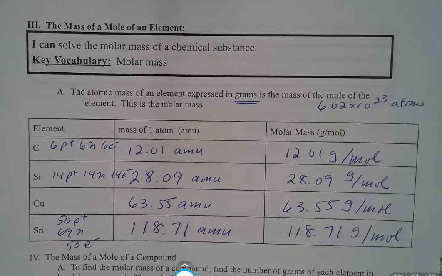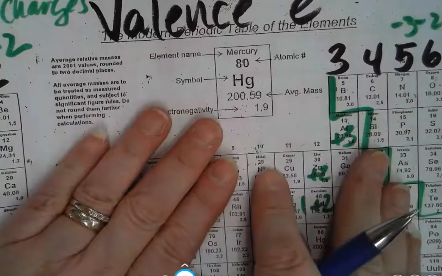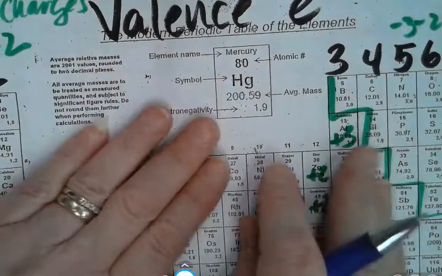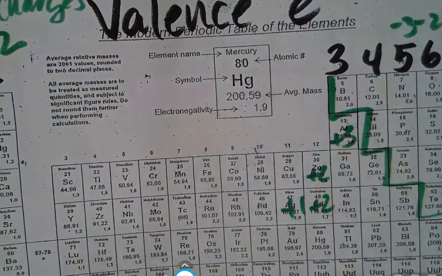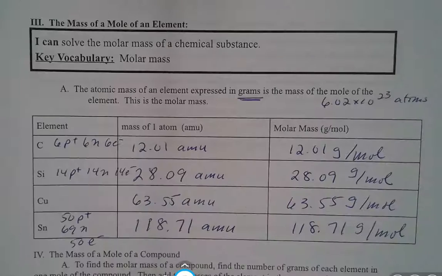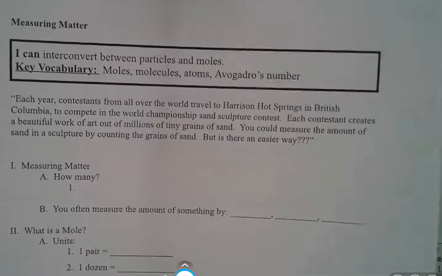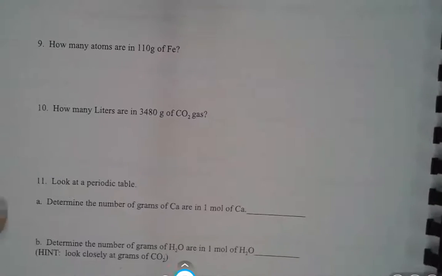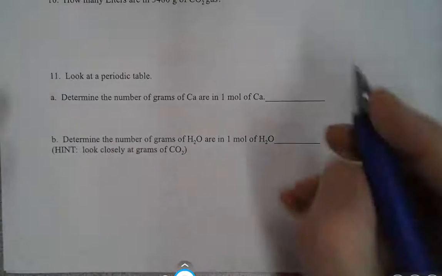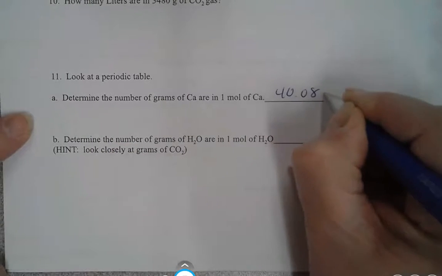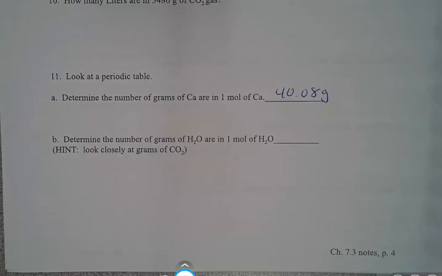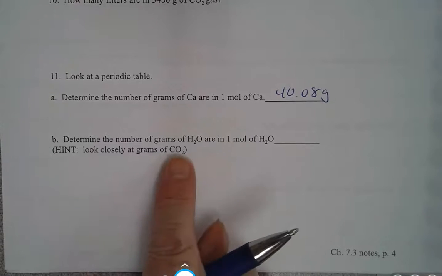All right, so that would cover anything that's on the periodic table. If it's an element, I can just look directly off the periodic table and voila, I've got my molar mass. Now, I don't know if you remember, I'm going to go back to page 4. Do you remember down here? We found there are 40.08 grams of calcium in 1 mole of calcium, but what did I do down here?